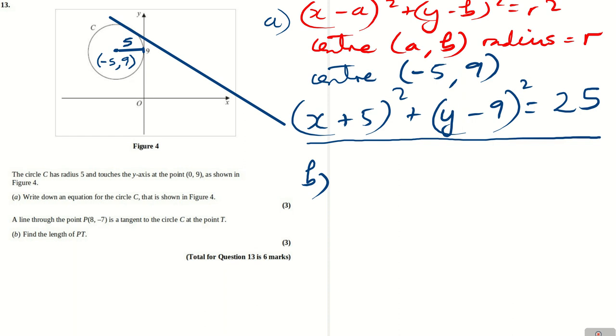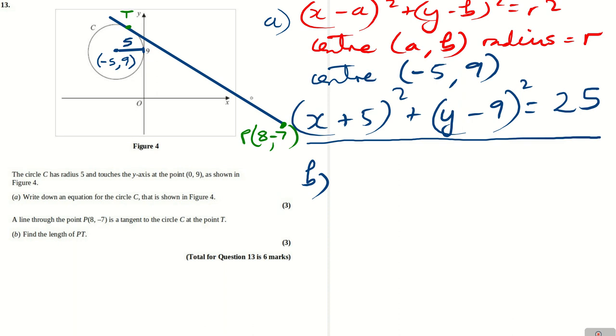So this point here is supposed to be the point P, (8, -7). Right, and it's a tangent to the circle at the point T. So here's the point T.